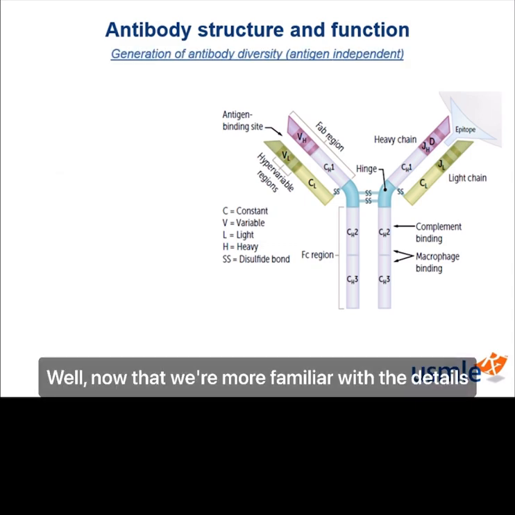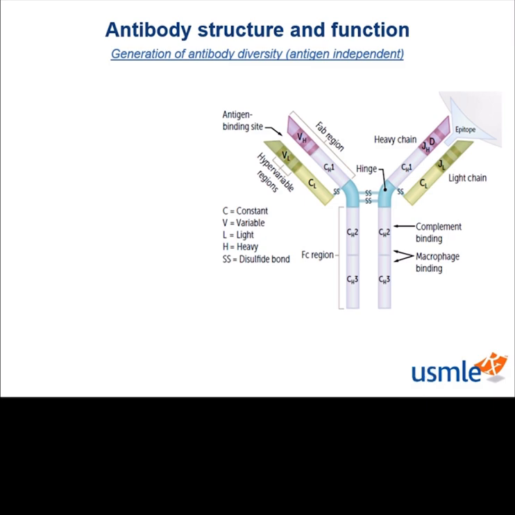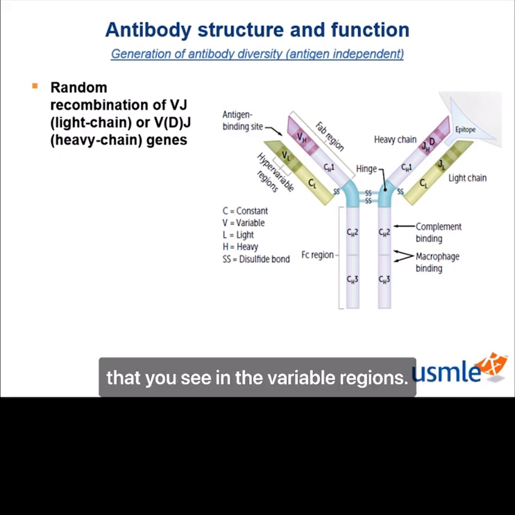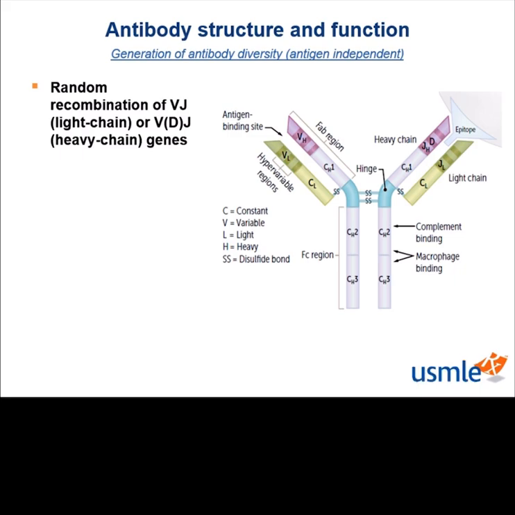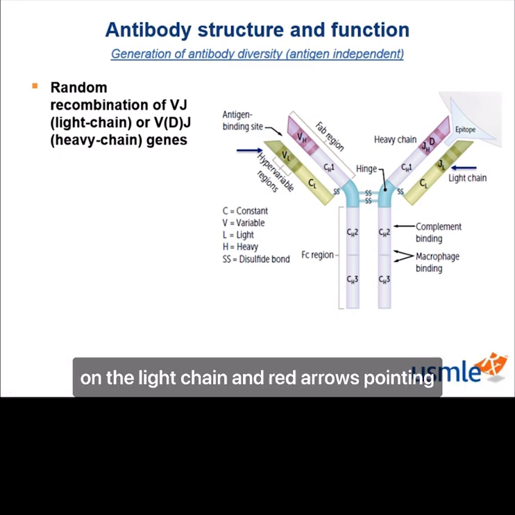Well, now that we're more familiar with the details of functions and structure of antibodies, how do we make them so diverse? We actually have random recombination of genes that you see in the variable regions. So we have these blue arrows pointing to V and J regions on the light chains, and red arrows pointing to V, D, and J regions on the heavy chains, and these can undergo recombination.